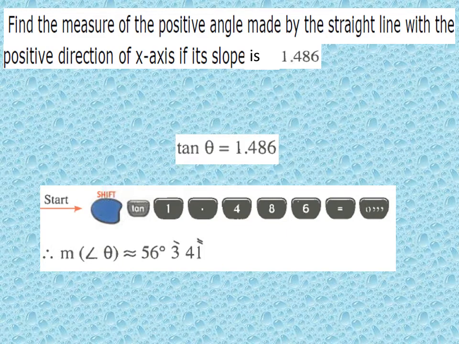Start by using the calculator. Shift tan 1.486 equals degrees. Therefore, the measure of angle theta equals approximately 56 degrees 3 minutes 41 seconds.